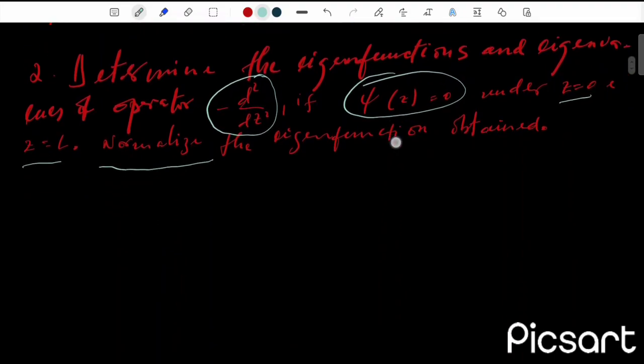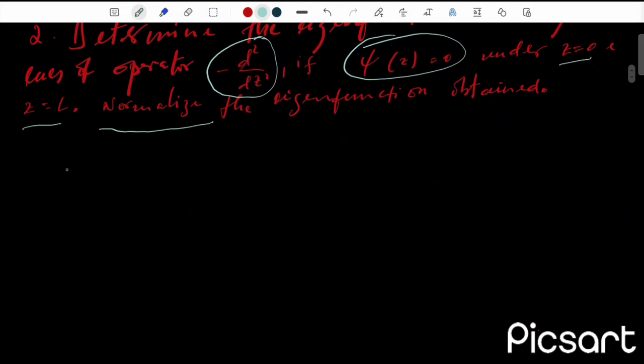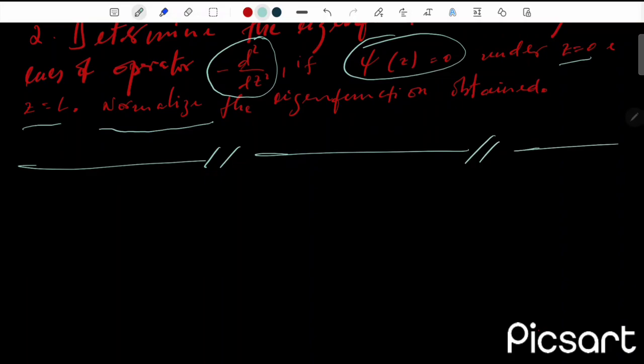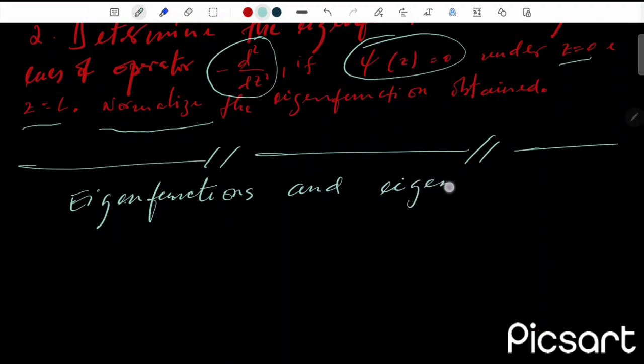Okay, we go on. Before we start to solve these exercises, we must talk about eigenfunctions and eigenvalues of an operator.